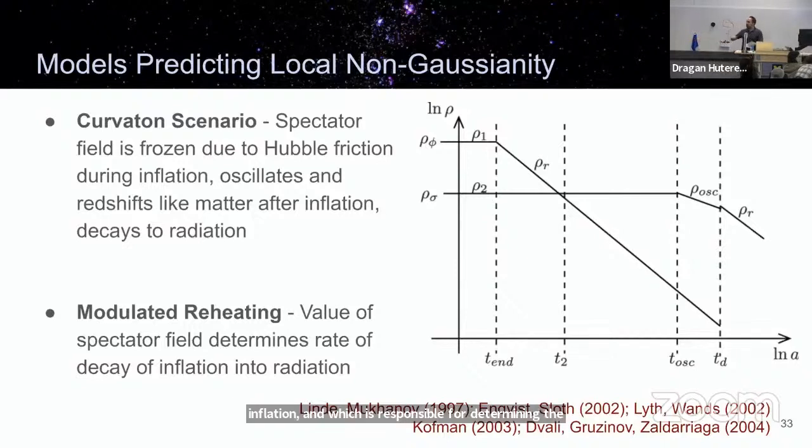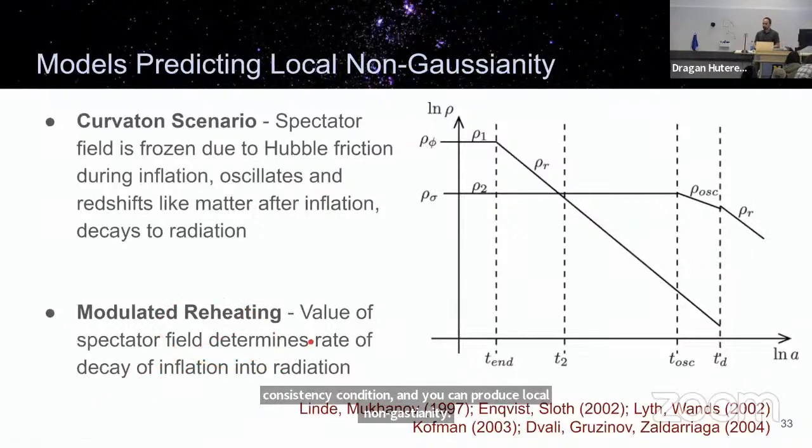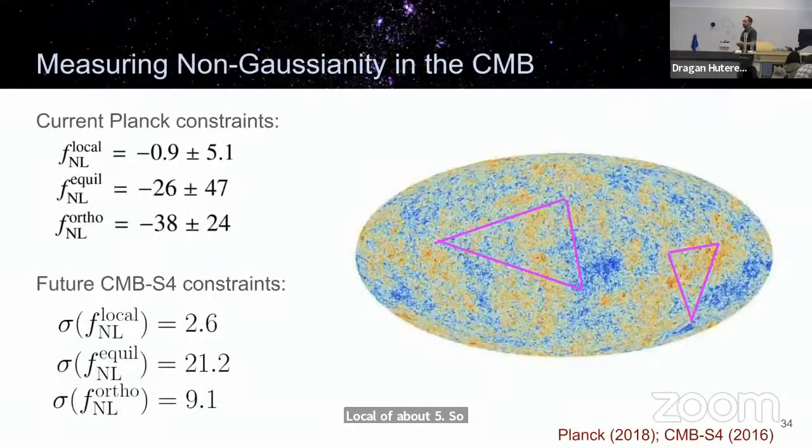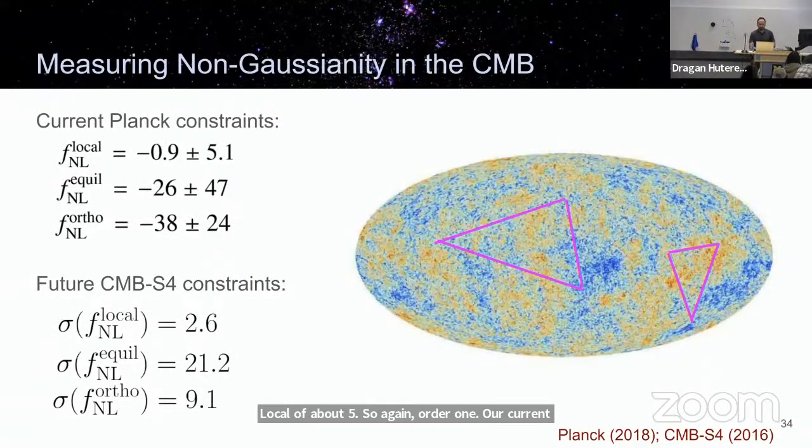So if that rate is modulated by this second field, different regions of space undergo different histories, and you can violate the single field consistency condition, and you can produce local non-Gaussianity. The simplest versions of modulated reheating predict FNL local of about 5. So again, order 1.